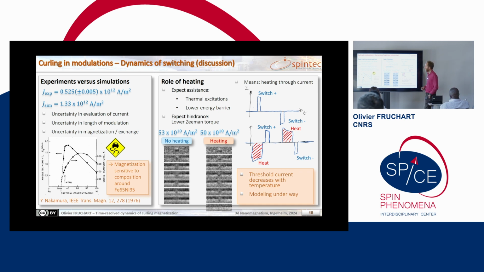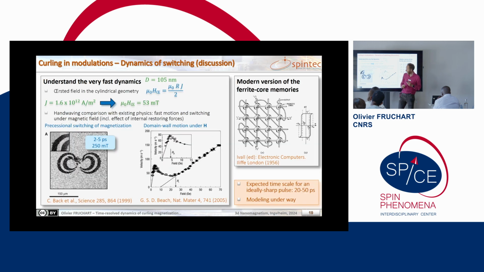Regarding complexity, we find some discrepancy between simulation and experiments. We have some uncertainty in the evaluation of the current that goes through the structure. It's always tricky; we cannot measure it directly. We also have some uncertainty in the length and perfection of the modulation. And we have some uncertainty in magnetization and exchange, because iron nickel is very nice, since the electrochemical potentials are different and we can make these modulations.